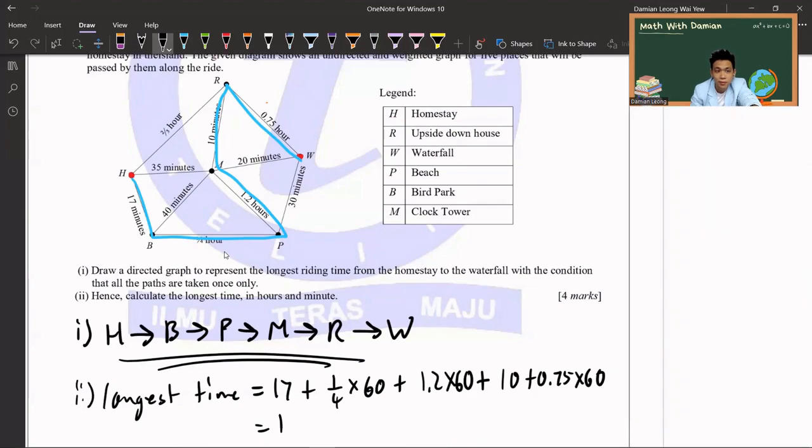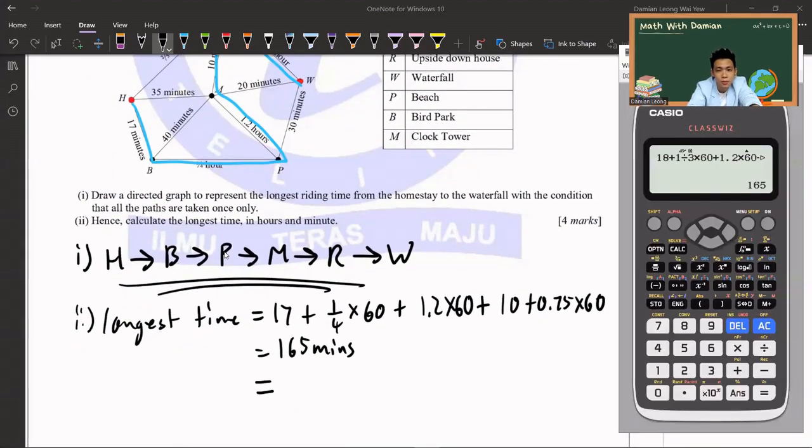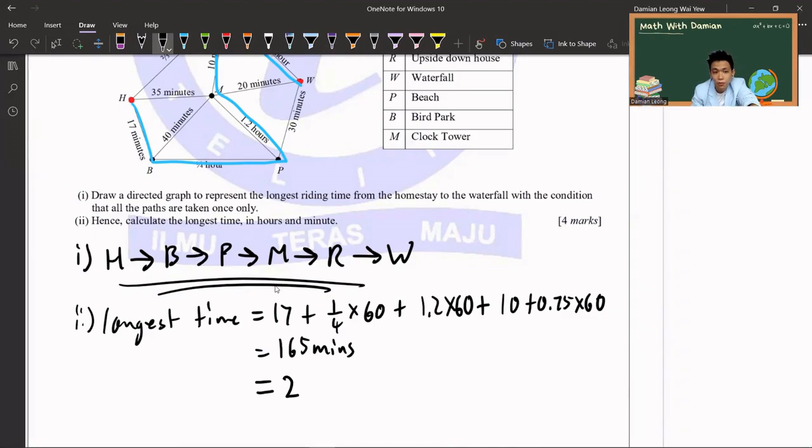That gives 165 minutes. So change it to hours and minutes. Divide by 60, I get 2, remainder minus 120. So 2 hours 45 minutes.